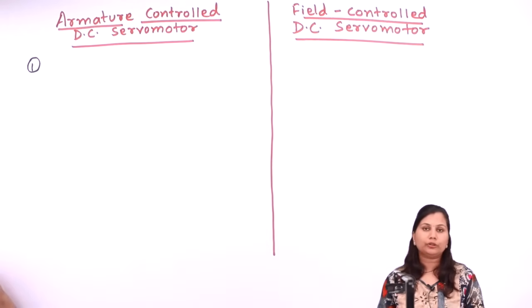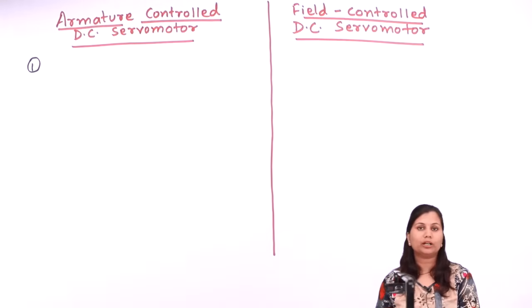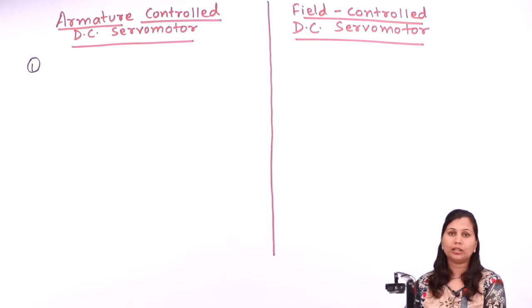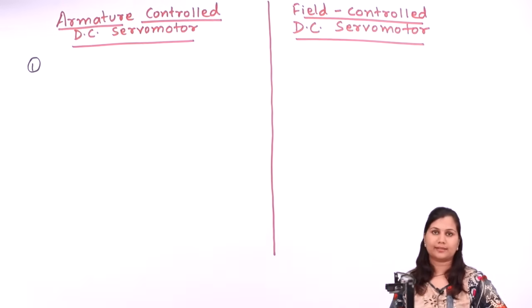So armature control DC motor is giving us better performance as compared to the field control DC servo motor because the field control has an open loop control system.